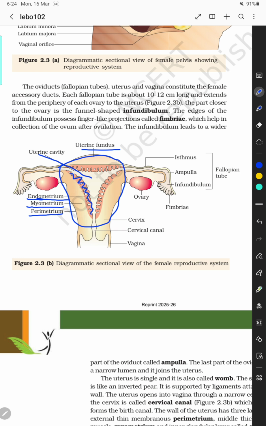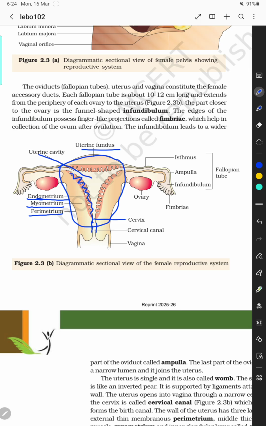Now the uterus is followed by a narrow channel that is known as the cervix. This is the cervix, and this is called the cervical canal, through which the cervix opens into the vagina. The vagina is a bit wider space.